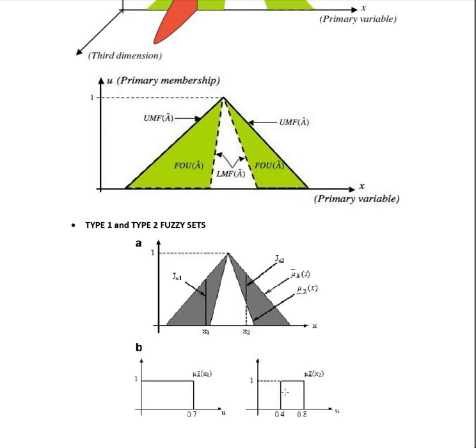But on the other hand, if you take the same figure to the other side, where only one edge is touching, and in the same type 2 fuzzy set you take a plot with respect to a crisp set value where the intersection is touching the two edges, then you will have two different values.